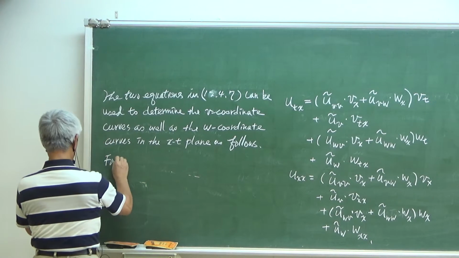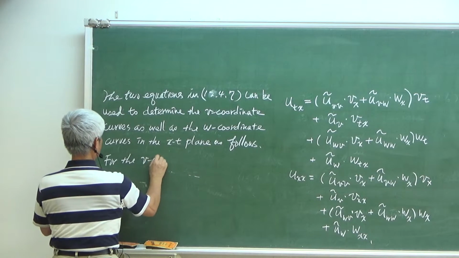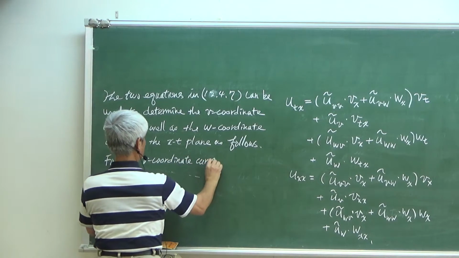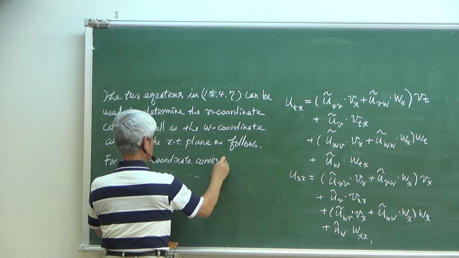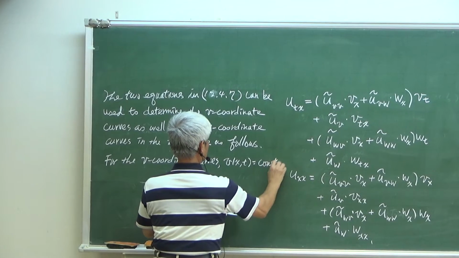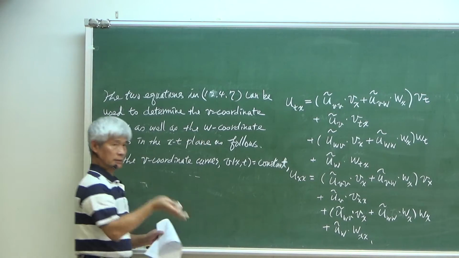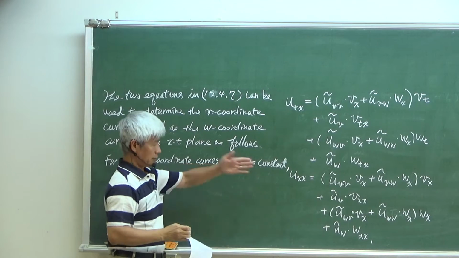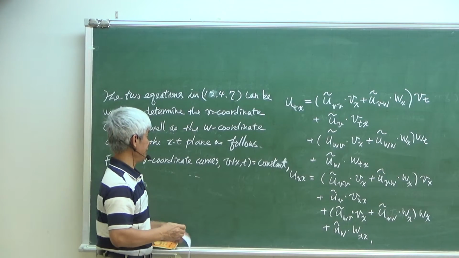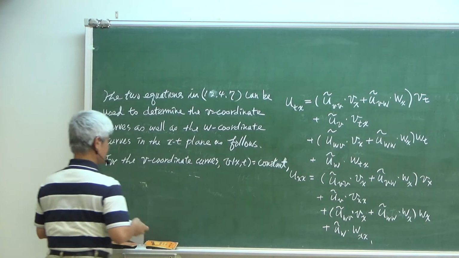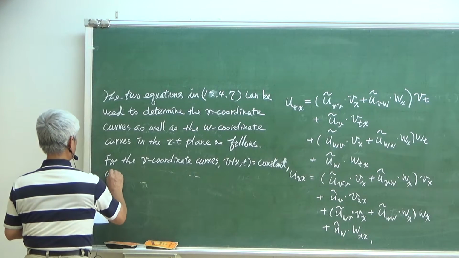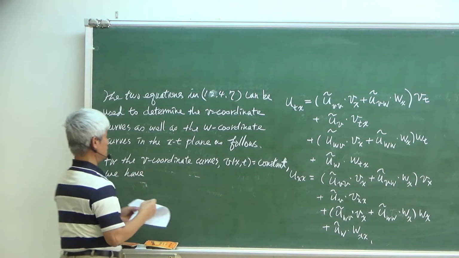For the V coordinate curve, it means that V(x,t) equals a constant.